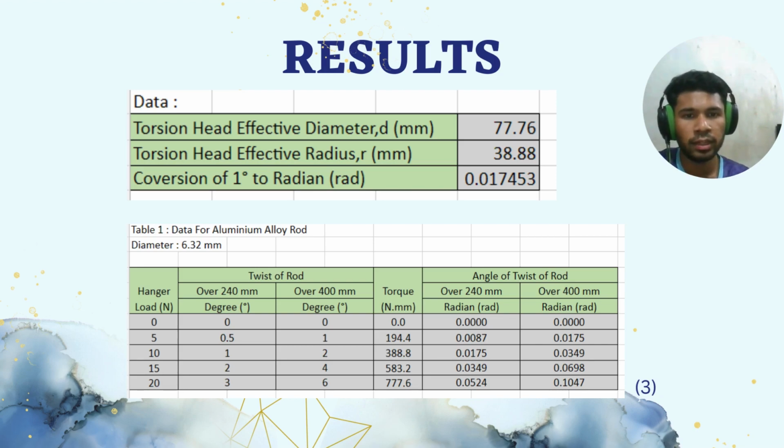For the angle of twist of rod in radian, we convert the degree to radian. For example, 0.5 multiplied by 0.017453 and then we get angle of twist in radian equal to 0.0087 radian.